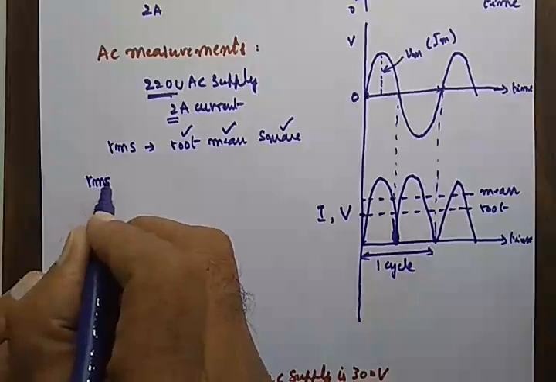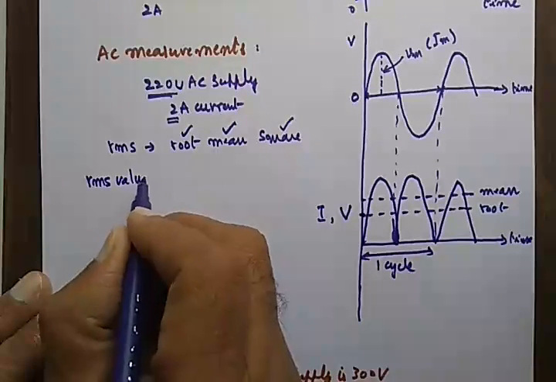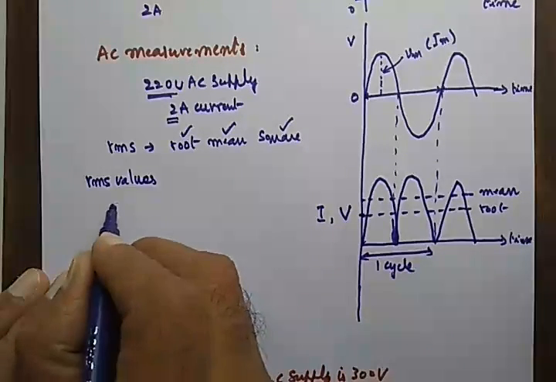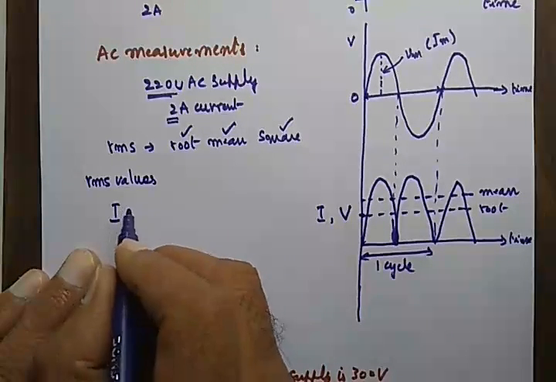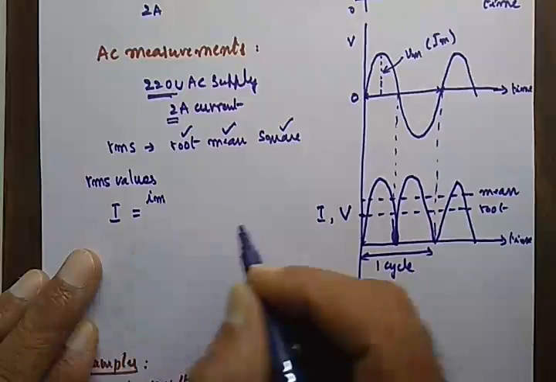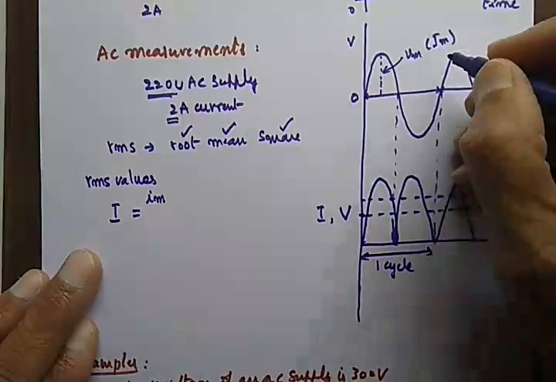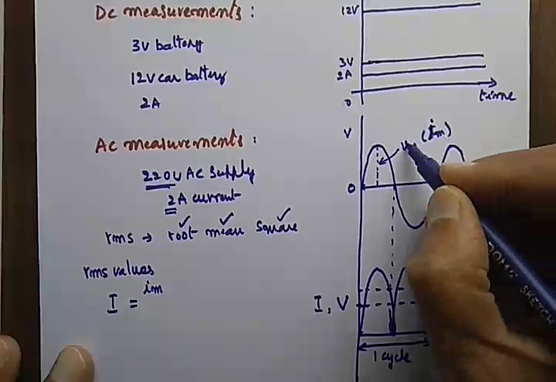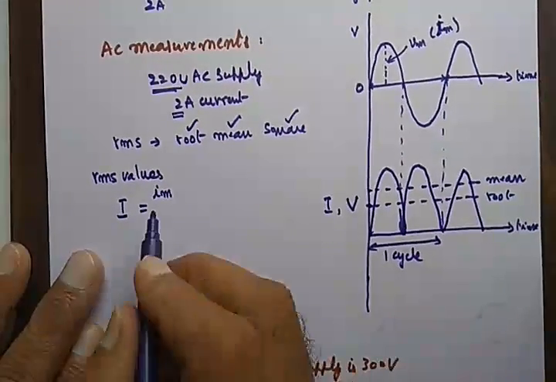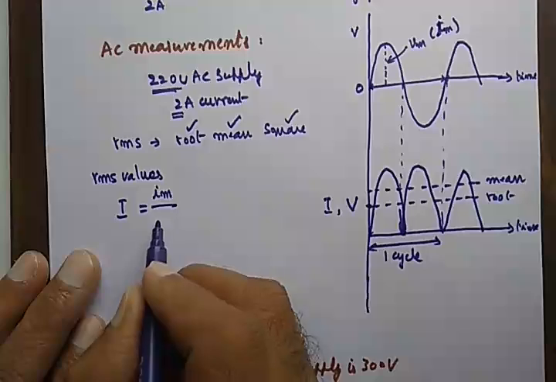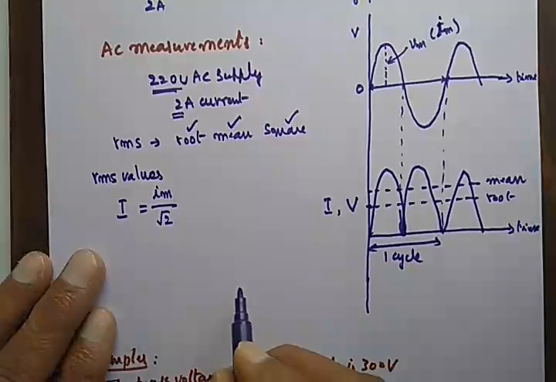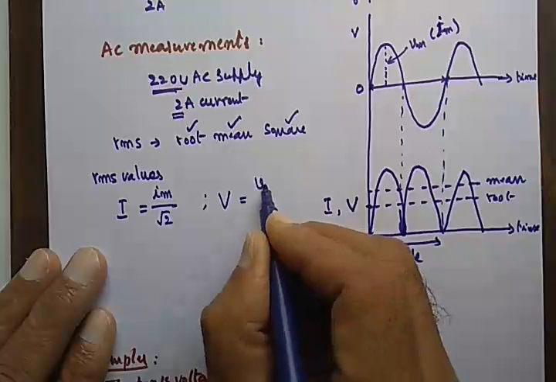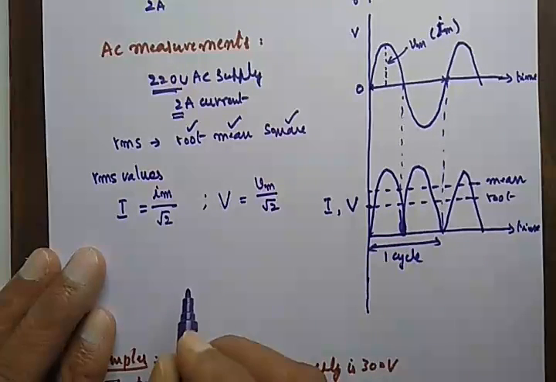Suppose I want the I RMS value: I take the maximum value, which we always represent with small letters, divided by square root 2. Voltage is also the same. V RMS is equal to V maximum by square root 2.